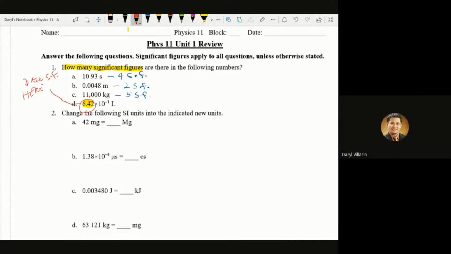For the 10 here, you might be thinking, oh, that is just one figure. But then again, it's the value of M that you base your significant figures on. So that should be 1, 2, and 3. So this should be 3 significant figures.